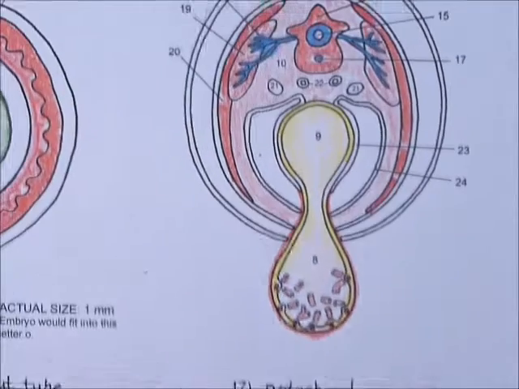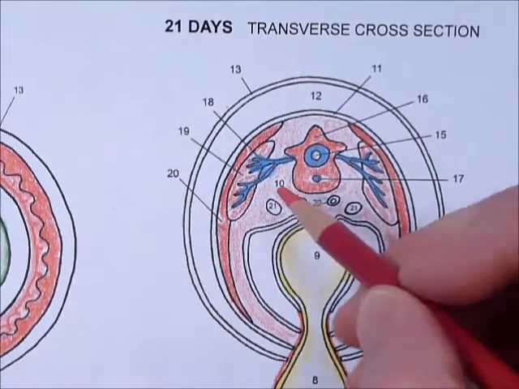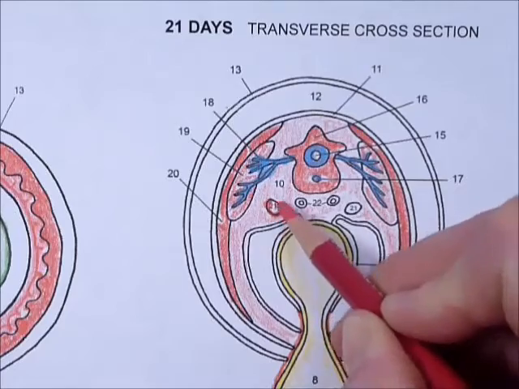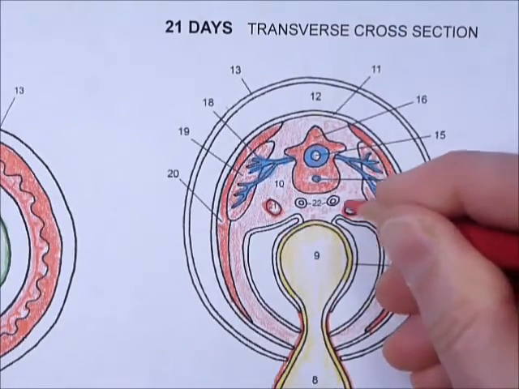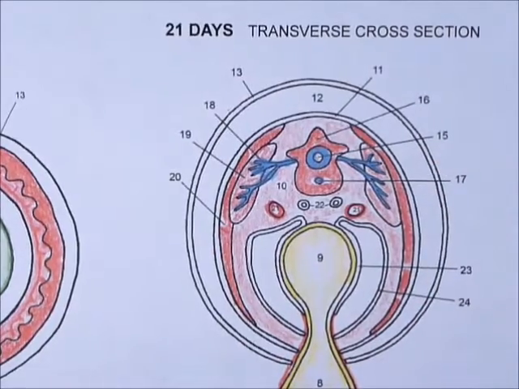21. 21, these little things right here, I'm just going to make little red circles around them. This is all mesoderm. Those are the future kidneys.